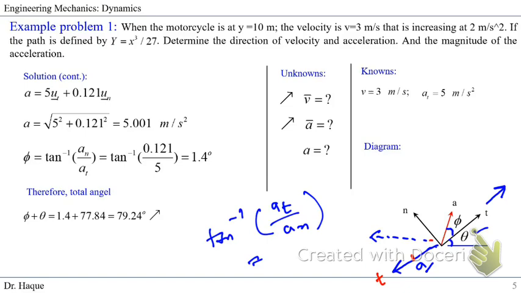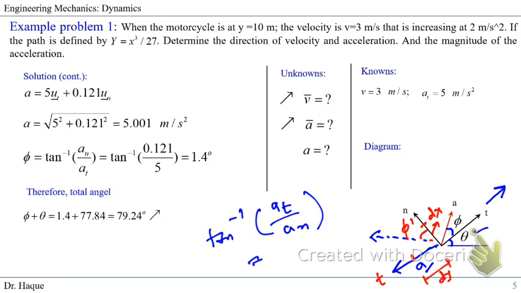So the angle we will get from there, this will be our dy because we put it at the top, and then our dn would be here, so the angle we will get is this angle. We can call it phi prime if this is the scenario where my acceleration was downward.